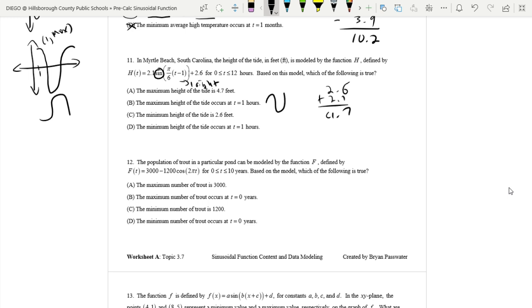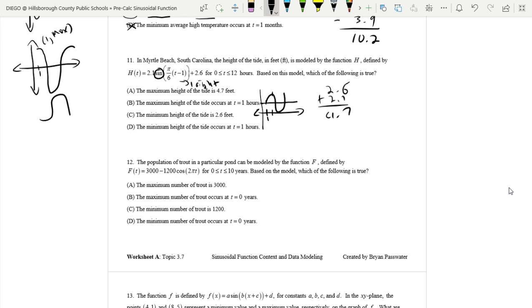So the maximum is not going to be at t equals 1 hour. This right here is going to be at t equals 1 hour, but not our maximum. Our maximum is going to be on another point. So let's make a graph here. You can see this is our midline right there, and this is our t equals 1. The maximum doesn't go into another interval.